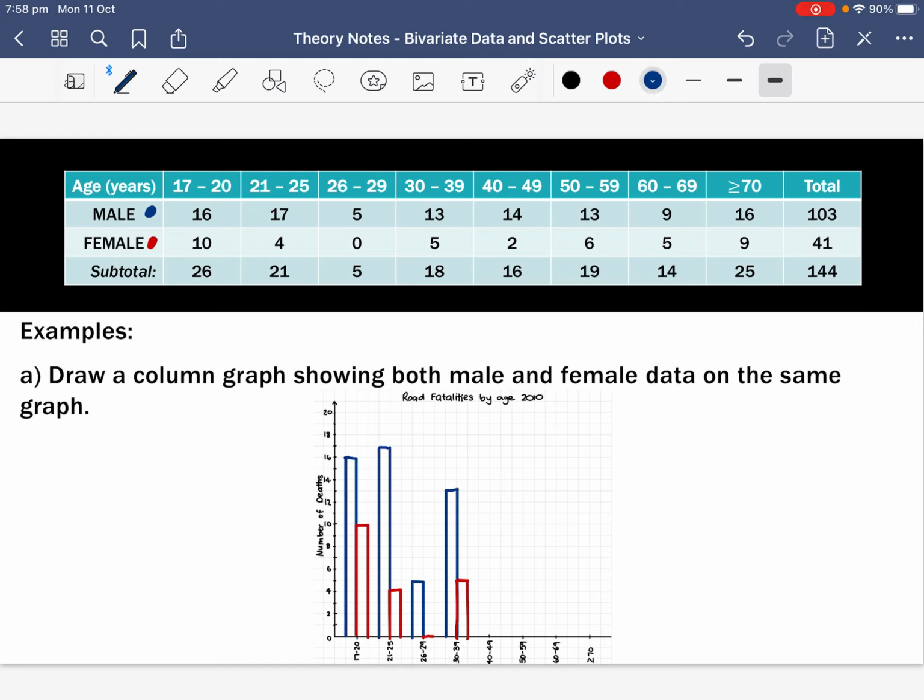For 40 to 49, for males, it is 14. And for females, it is 2. For 50 to 59, males is 13. Oh, we've gone too far.